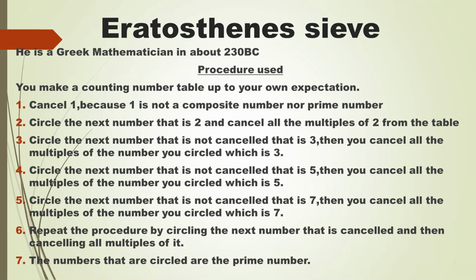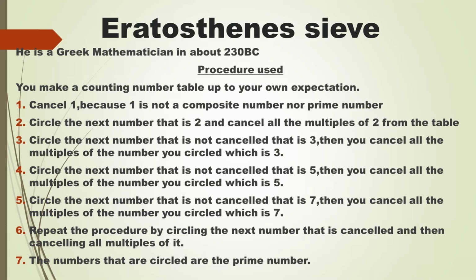Then you circle the next number that is not cancelled, that is 7, and cancel all the multiples of 7. Repeat the procedure by circling the next number that is not cancelled, and then you cancel all the multiples of it. The numbers that you have circled are the prime numbers.